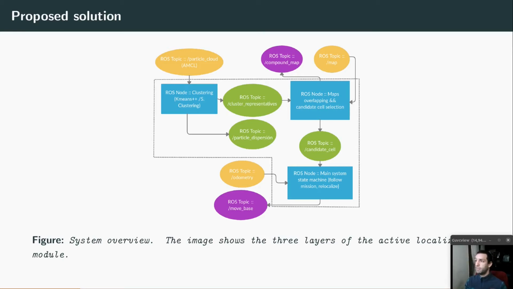The output from this module is the candidate cell, and there is a last module, down in the right, which takes this candidate cell and finds the commands to send to move base, to move the robot and sense the cell we want to sense.